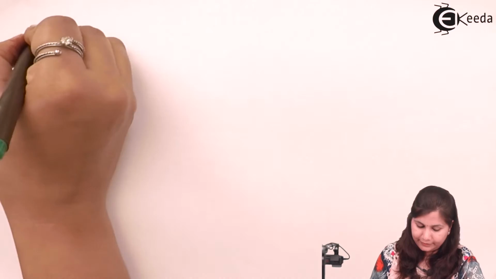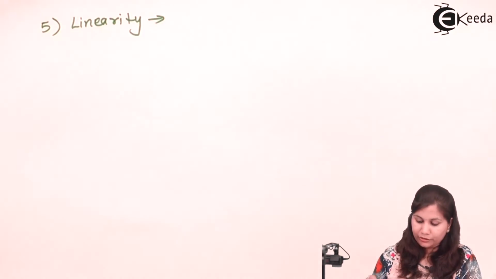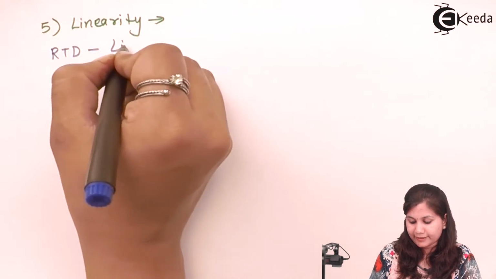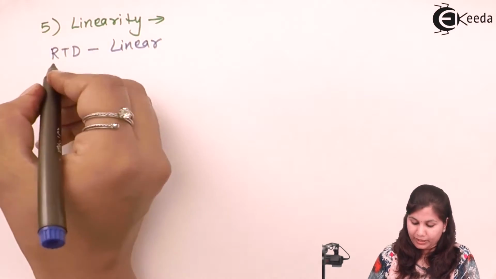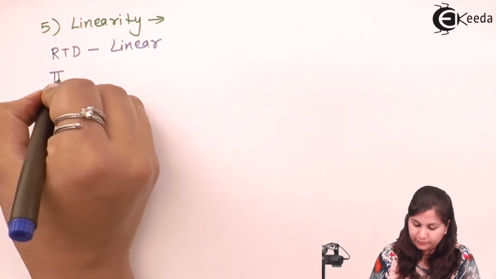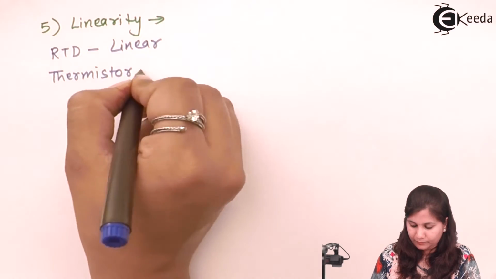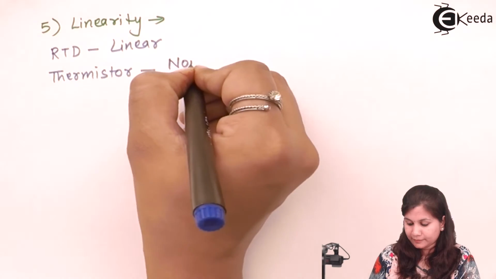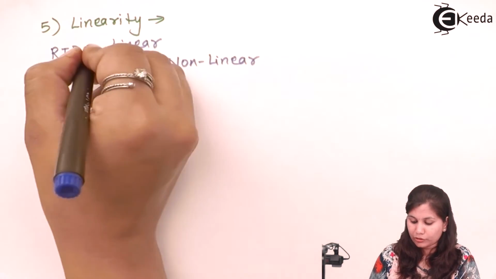Next is linearity. If we talk about linearity, the RTD shows linear characteristics, meaning a linear relationship is there between the resistance and the temperature. Thermistors give us non-linear characteristics, but the non-linearity is not so much.